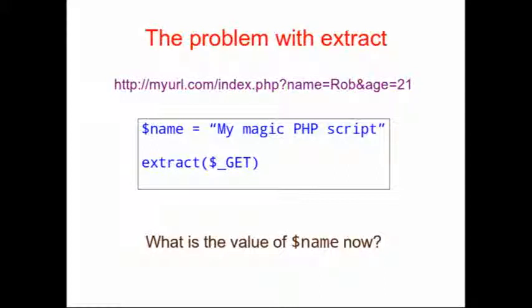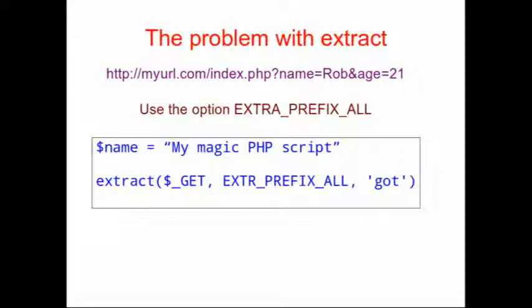Somebody can pass in a set of variables to your PHP file that have really weird constructs and could actually break all of your code. The way to get around that is to use the optional command to extract, which will give you a prefix on all of your variables.